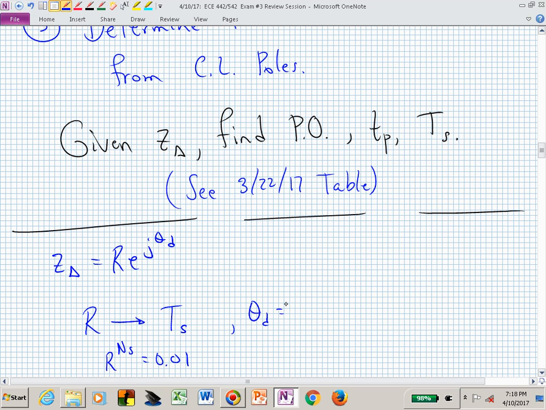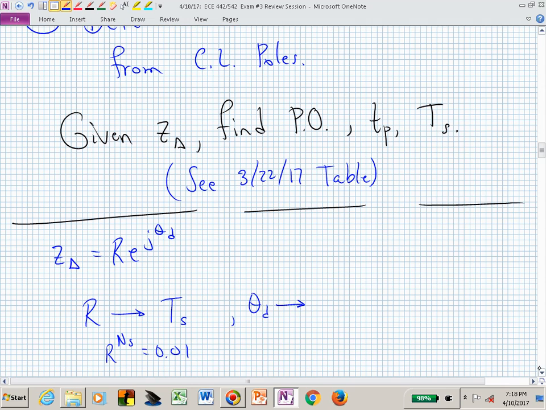Theta sub d, what performance spec does that correspond to? That's our angle. That's our peak time, so that now time to peak is pi over omega sub d, but that's pi over theta sub d over T, or that's pi T over theta sub d. So if you know theta sub d, you can calculate your peak time.